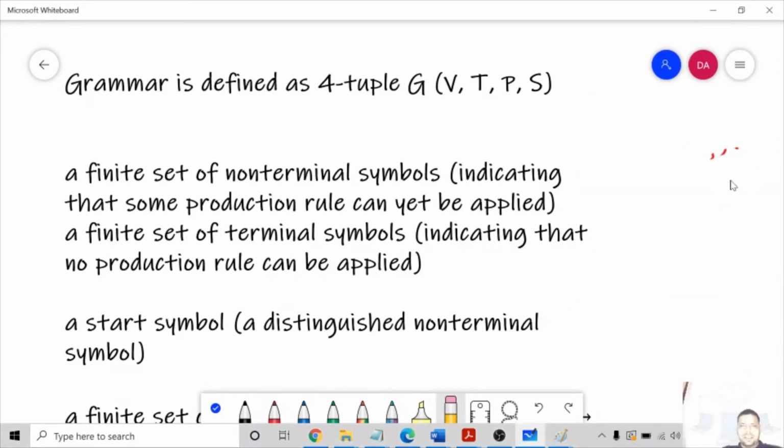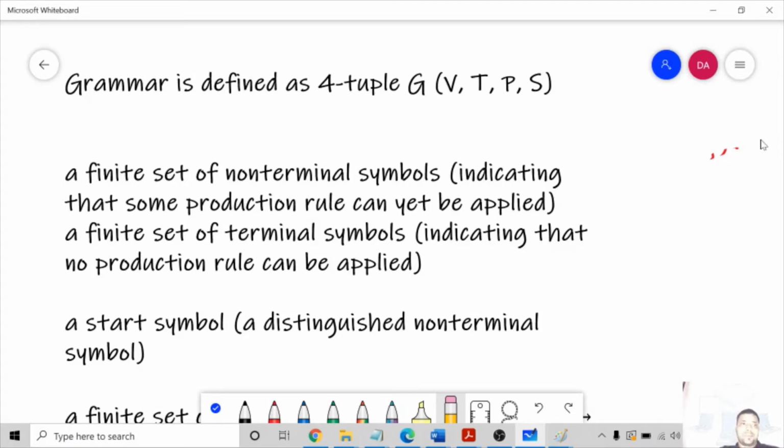So an English language can be derived from English grammar, and already I have discussed that we have a set of terminals and set of non-terminals, and from the set of rules we can derive any statement.